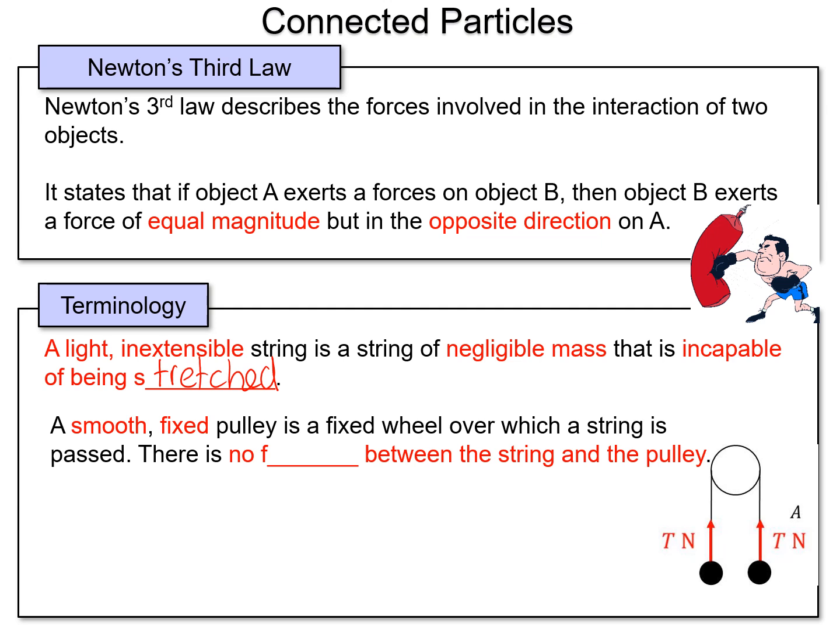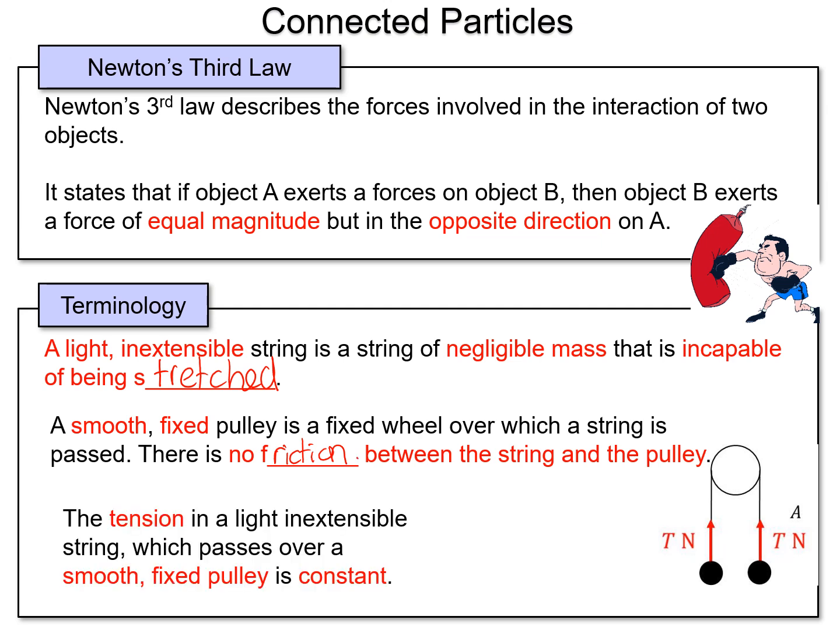There is no friction between the string and the pulley because it's smooth. The tension in a light inextensible string which passes over a smooth fixed pulley is constant. So what we're saying here, this tension equals this tension here. They are the same number of newtons because it's a force, tension.